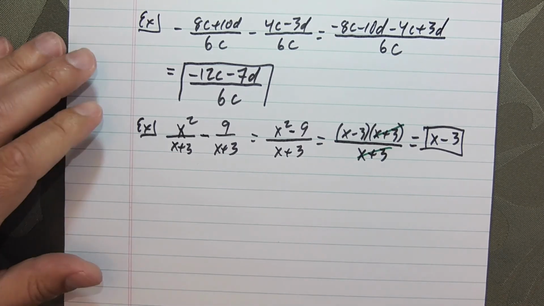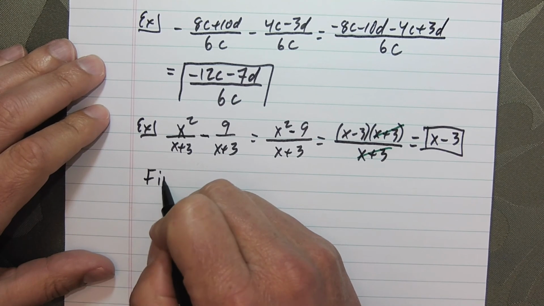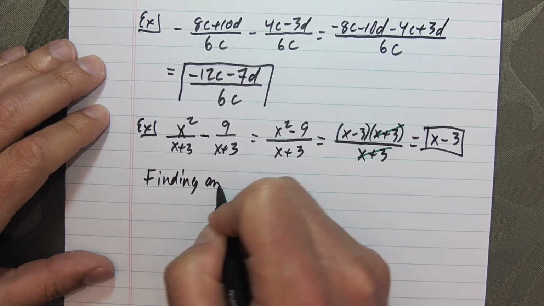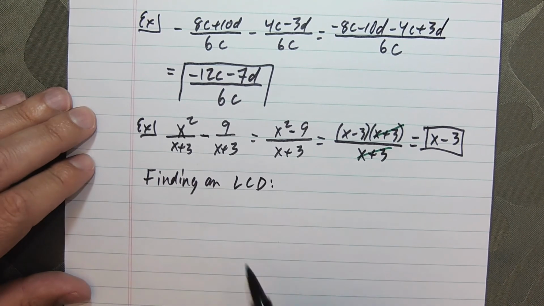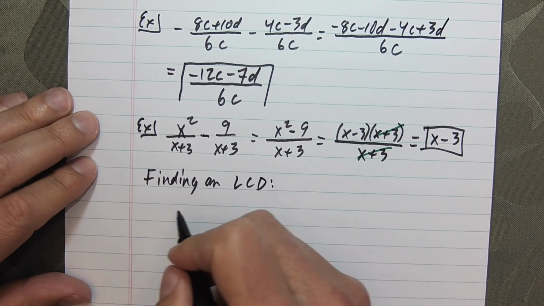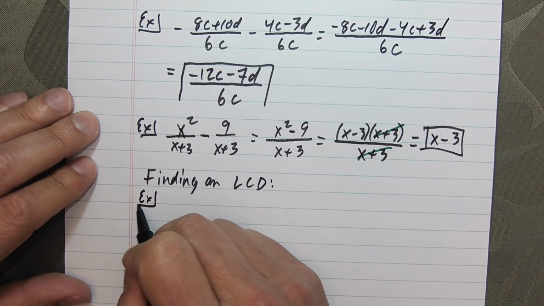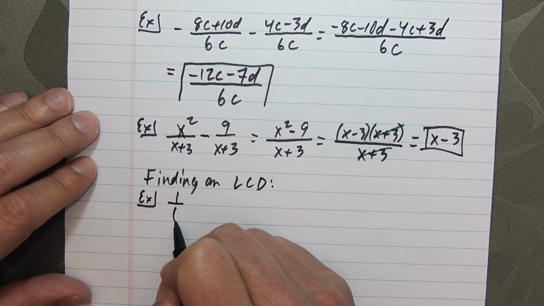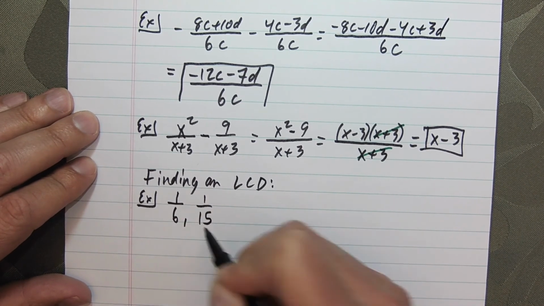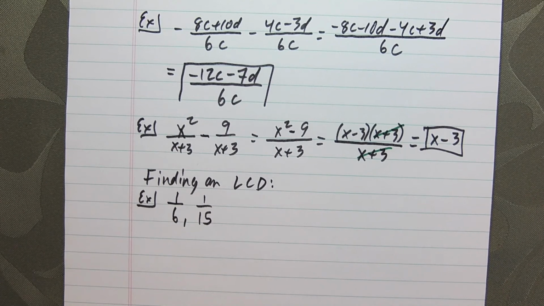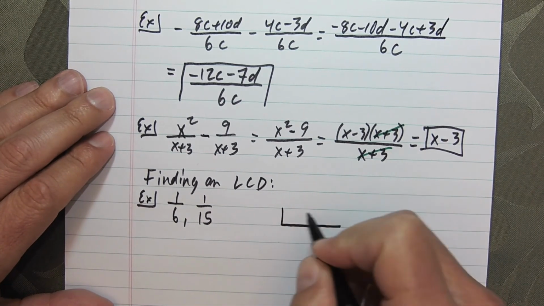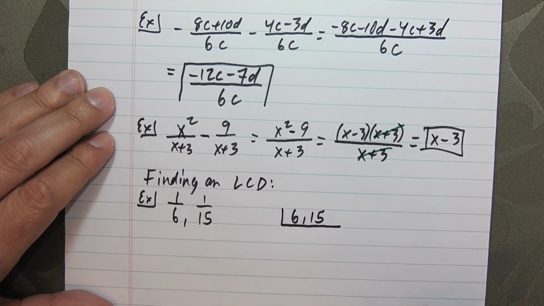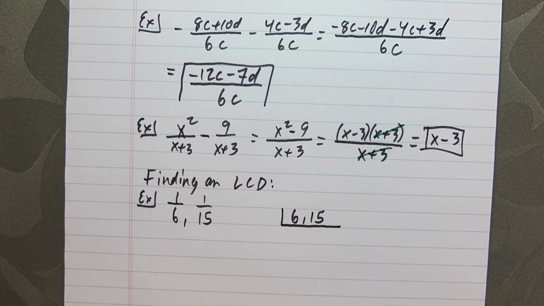All right. I want to show you how to find an LCD, or at least a common denominator. So let's say we have something like this, and we want to find an LCD. This is a trick someone taught me a long time ago. I make kind of this upside down box, and I put the two denominators in there.